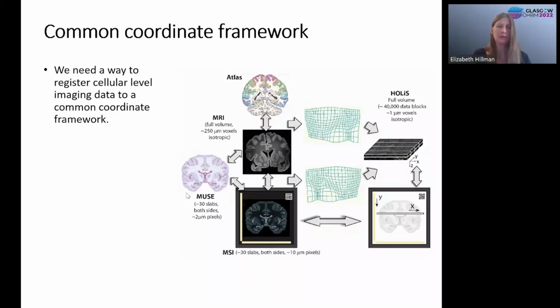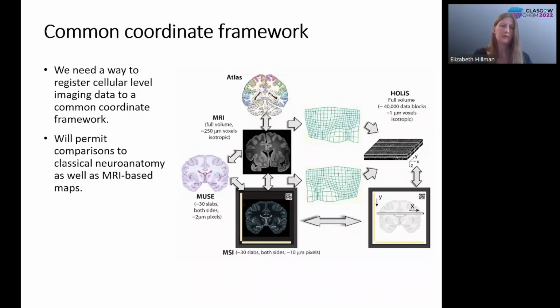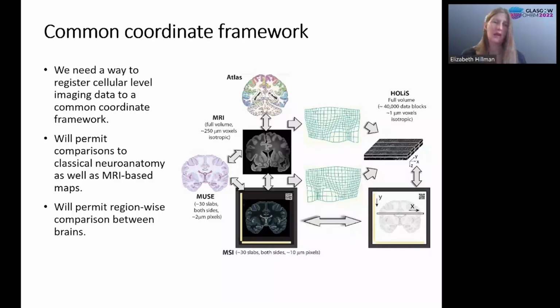We're also going to look at doing some slide-free block face imaging of the slabs, and we'll be able to use diffeomorphic transformations between these different spaces. We want to keep everything in this coordinate system space so that we can always go back and forth without having to duplicate the data or create one single giant TIFF file that includes all of the data.